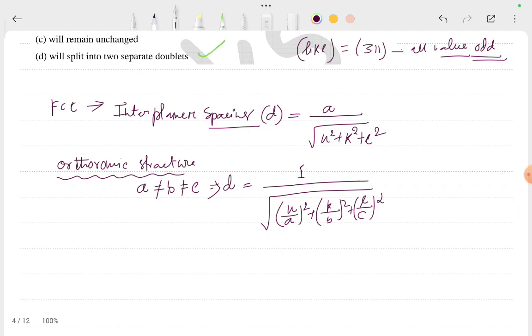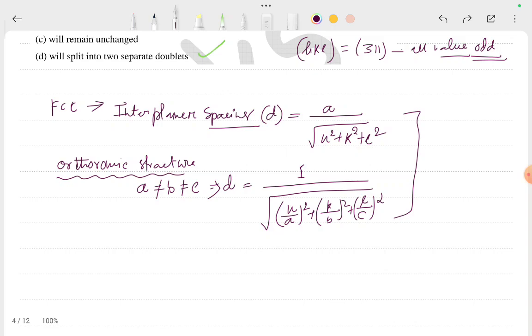Now we calculate the interplanar spacing value. Here these two are the mathematical forms of interplanar spacing for FCC crystals and orthorhombic crystals. Now we calculate Bragg's angle for the 311 plane. How many peaks are actually available? They ask that question.